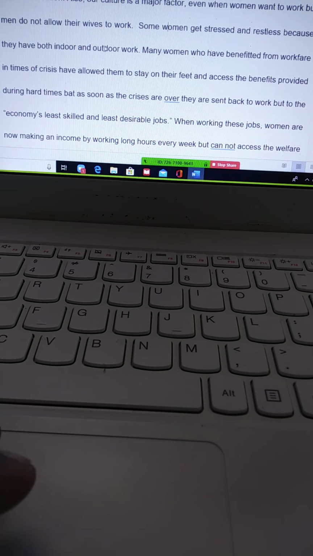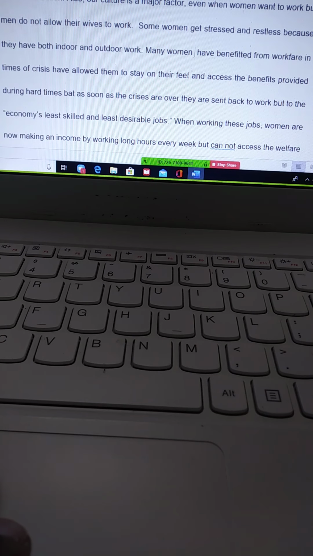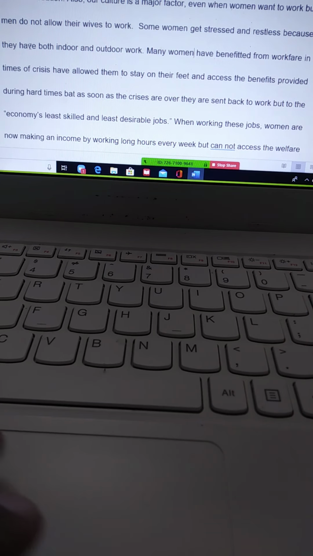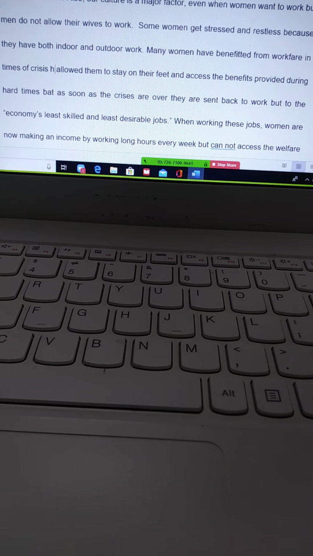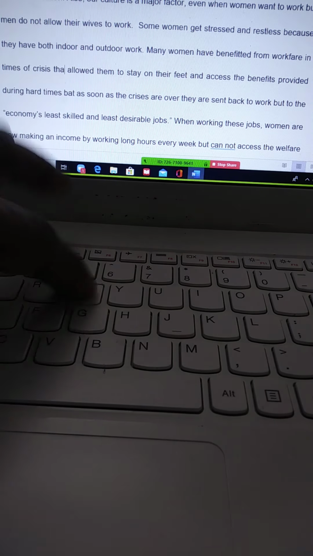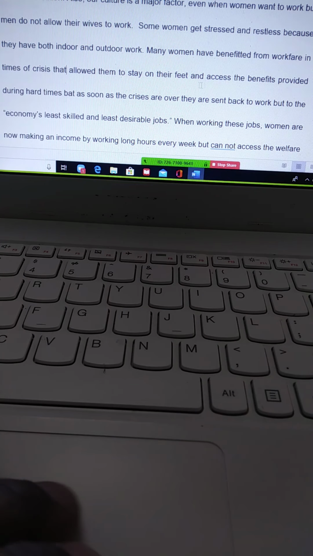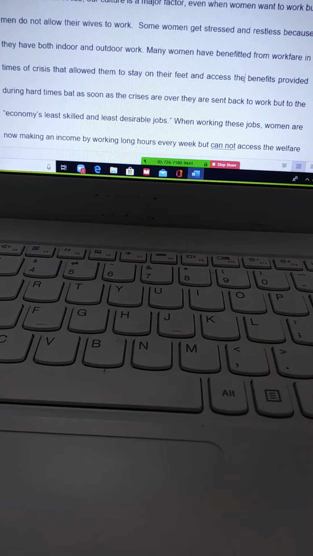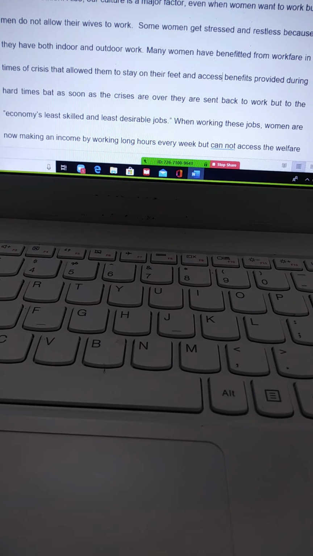So many women have benefited from workfare in times of crisis. That instead of, let's get rid of have and say that allowed them to stay on their feet and access the benefits provided. Let's get rid of the and access benefits provided during hard times.